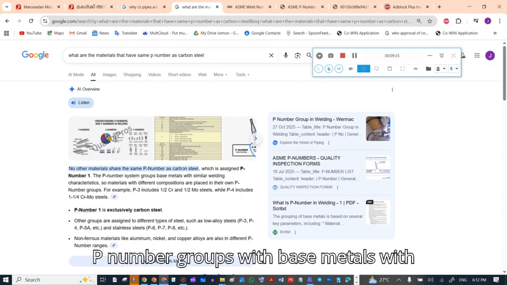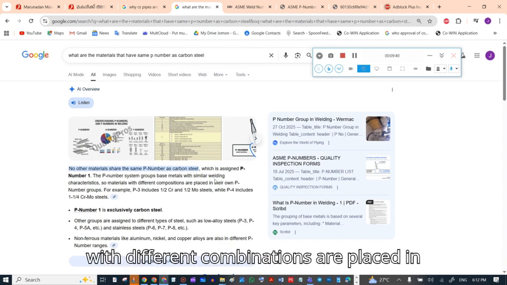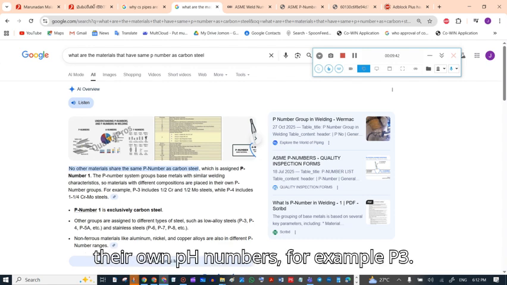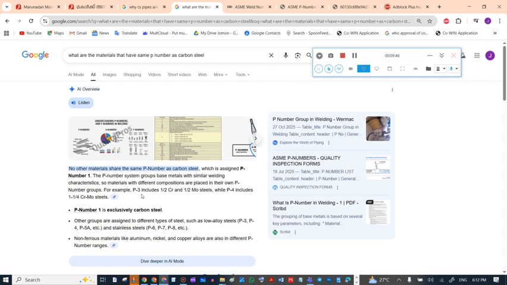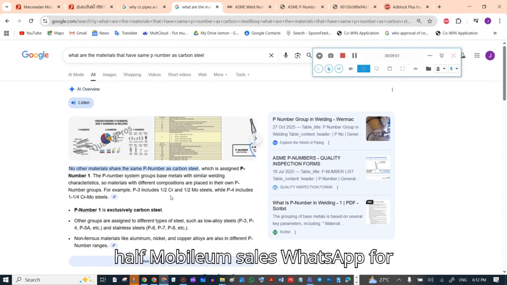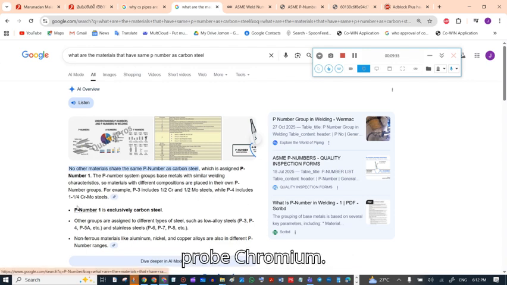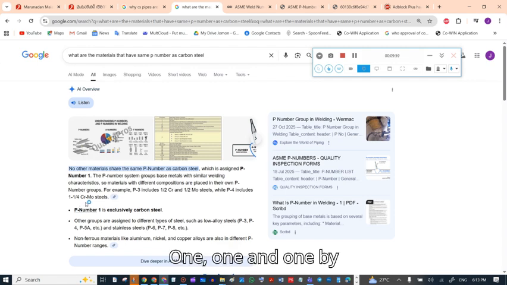P number groups base metals with similar welding characteristics. So materials with different compositions are placed in their own P numbers. For example, P3 includes half chromium and half molybdenum steels, but P4 includes 1.5 chromium and 1 and 1/4 chromium molybdenum steels.